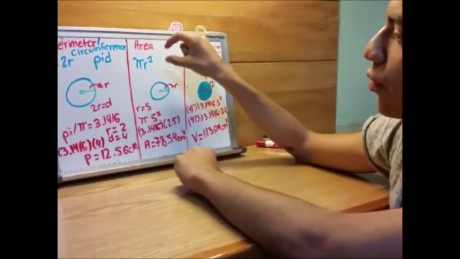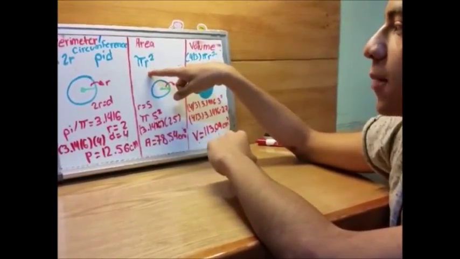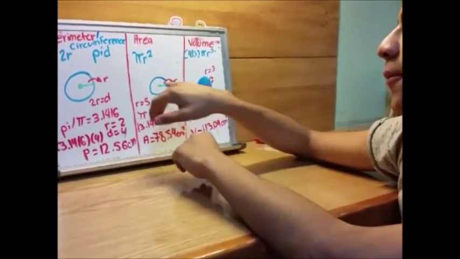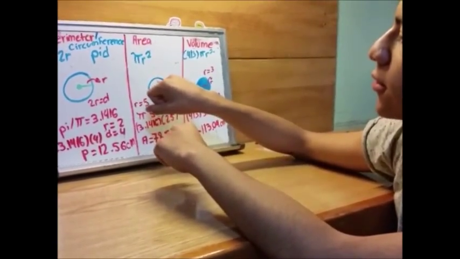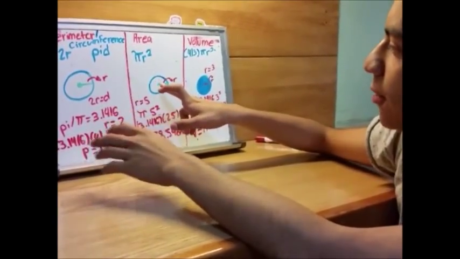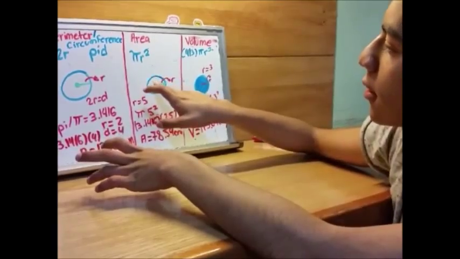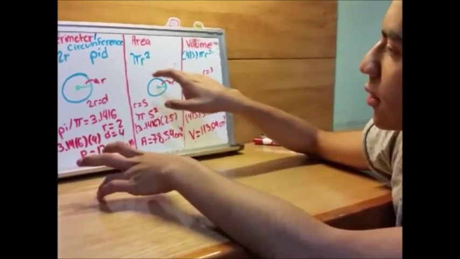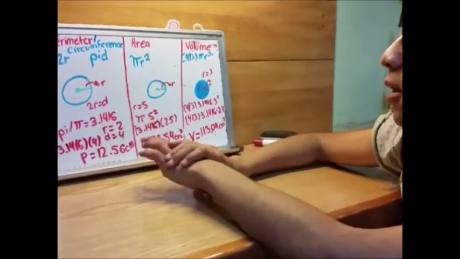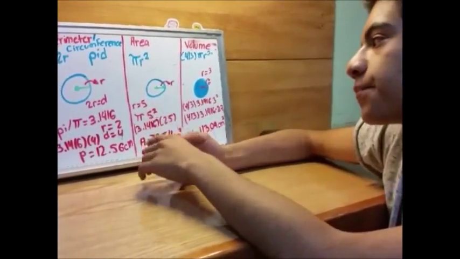We continue with the area of the circle. We know that the formula is pi times radius squared. We have to remember that area is everything that is inside the circle or the figure, and we also have to remember that radius is the line that goes from the center of the circle to the circumference of the circle. We have a problem here.